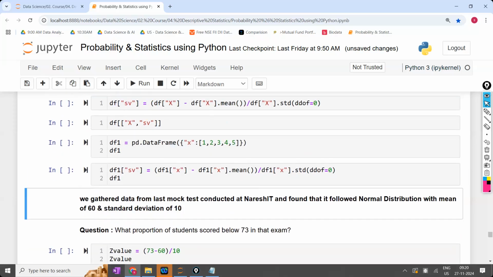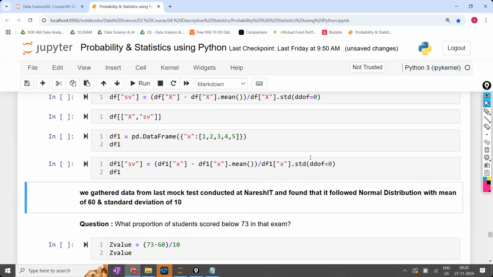Okay, please take the question. From this question, I'll start explaining everything one by one, how to calculate. We will do multiple questions based on this.